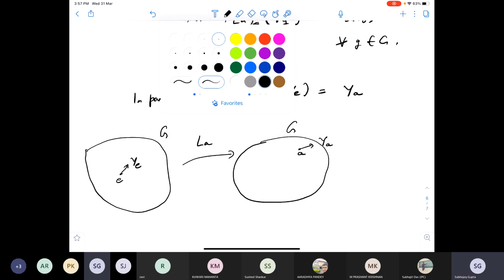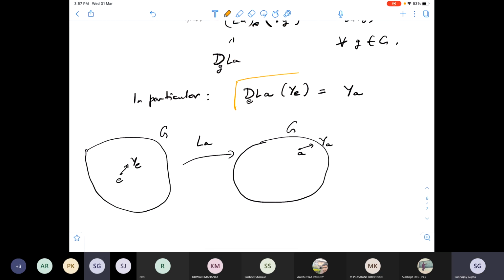This is automatic from the definition of a left invariant vector field.